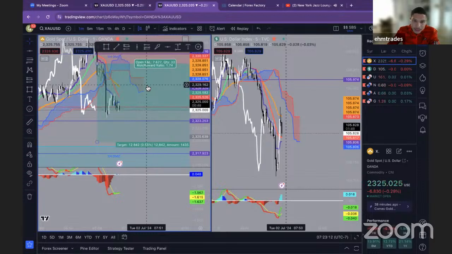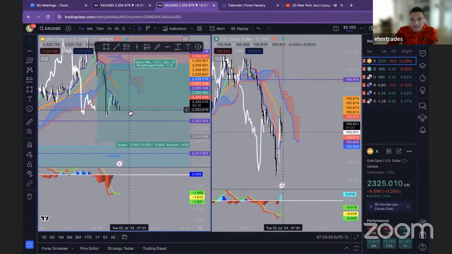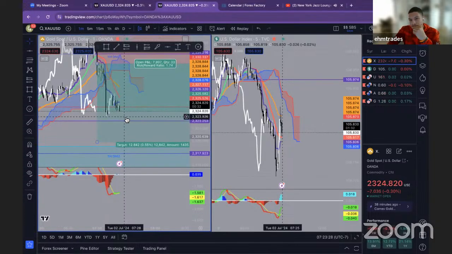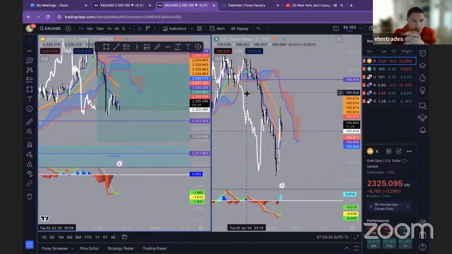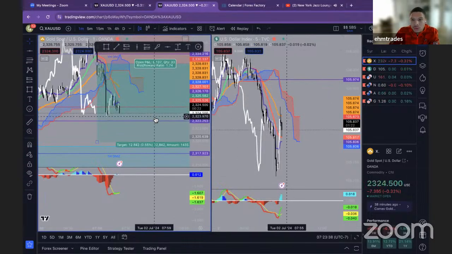About 10 pips away from it, I take profit. After this entry, how I look to approach is I will look for price to get down to my 1 hour decision making zone.